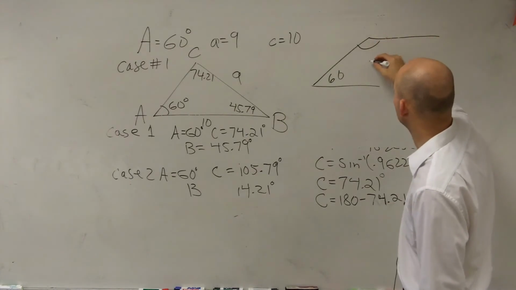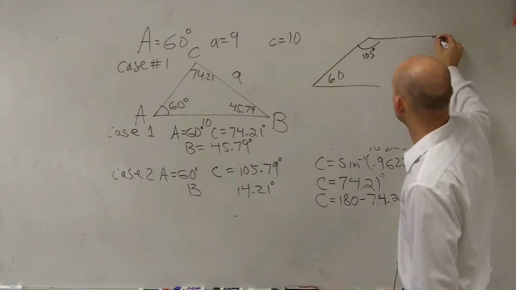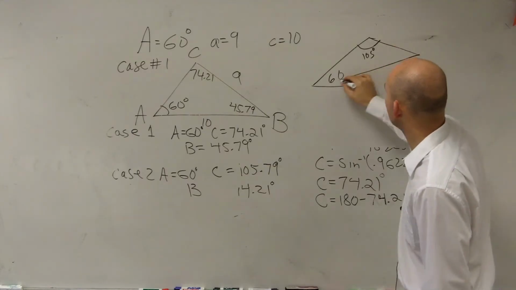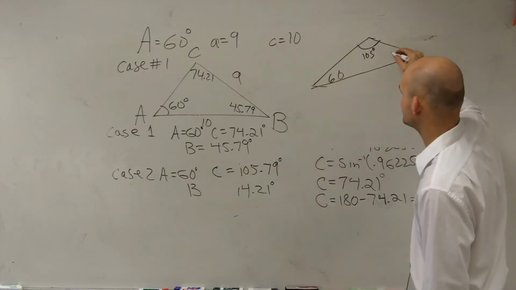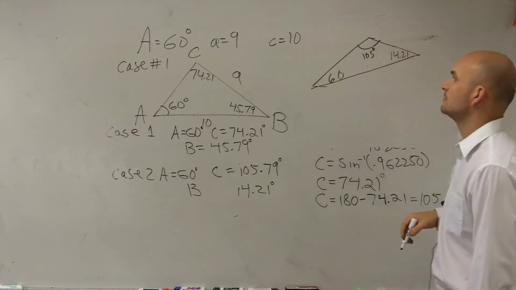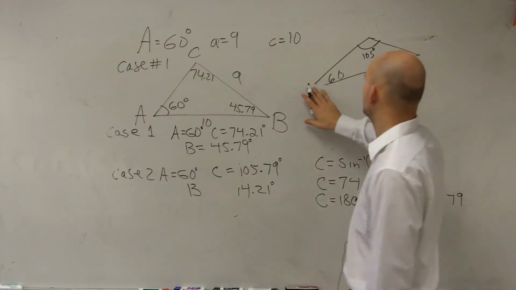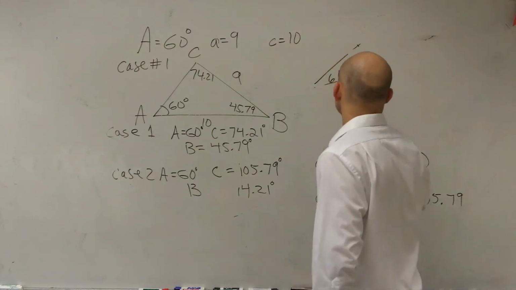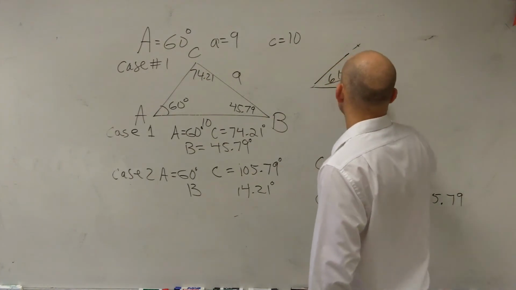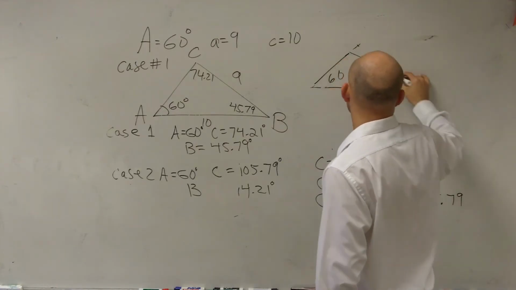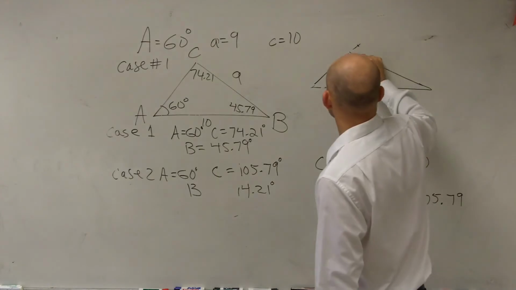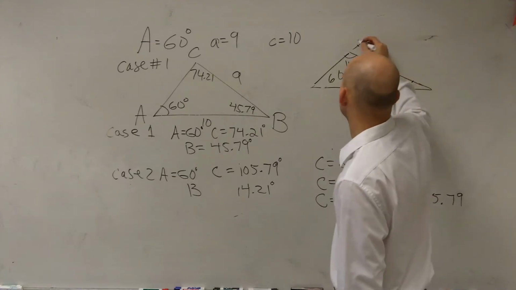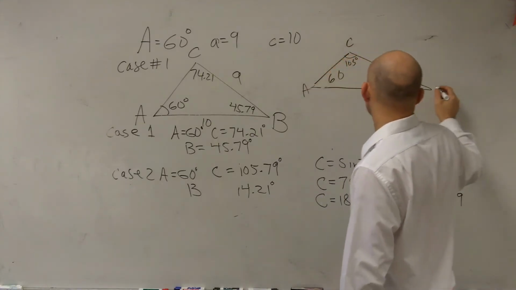So let's pretend it's going to be something bigger, like 105 degrees, and we'll call that C. All you need to understand is this could be here. Let's say that's 60, right? Then it could look something like that. So this is 105 degrees, and then this is 14.21. So you have C, A, and B.